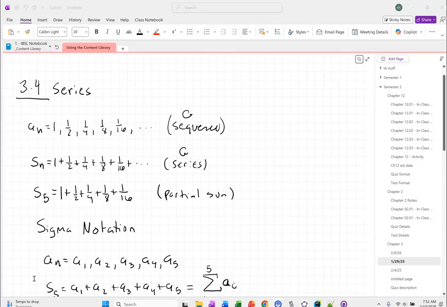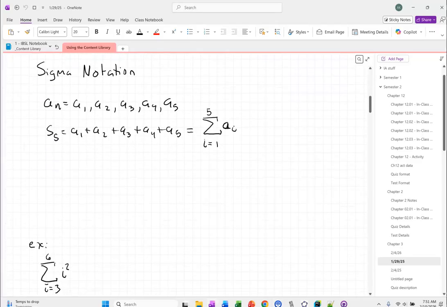So as you imagine, if I have the 100th partial sum, that's going to be pretty obnoxious to write down. I don't want to have to do that by hand, so I want to invent a new notation to represent those sums. That new notation is called summation notation or sigma notation. So we can use that capital Greek letter sigma here.